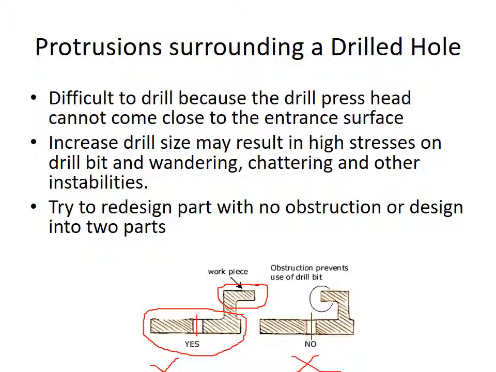As in the left figure, we can manufacture the bottom part and the above part separately, first drill the hole in the bottom part, and then assemble both parts and get the required design.